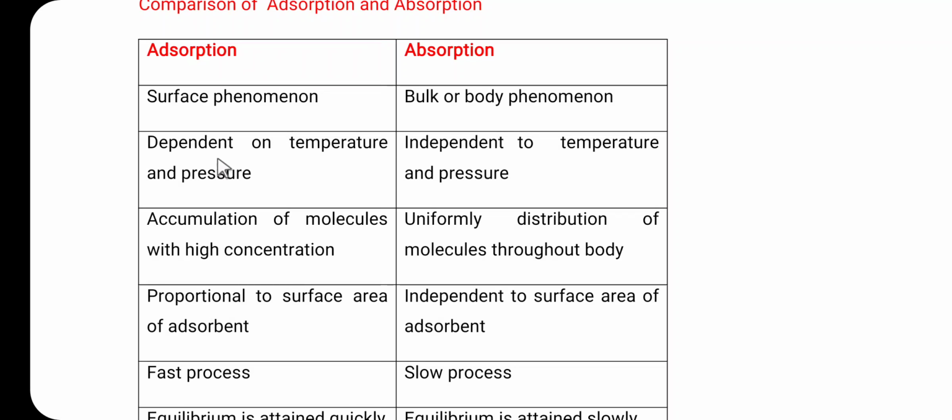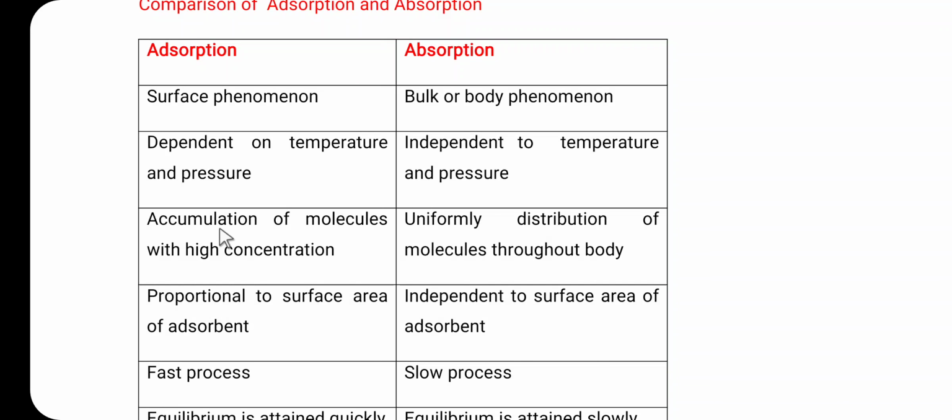Second, adsorption depends on temperature and pressure. That means when we change the temperature or the pressure, the rate of adsorption may change. In absorption, it is independent of temperature and pressure; there is no effect of temperature and pressure on absorption.